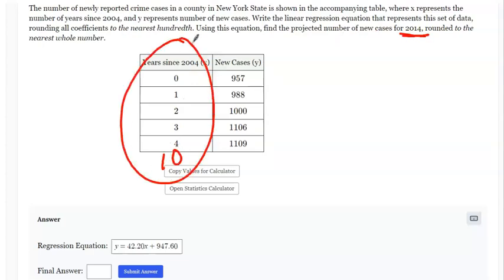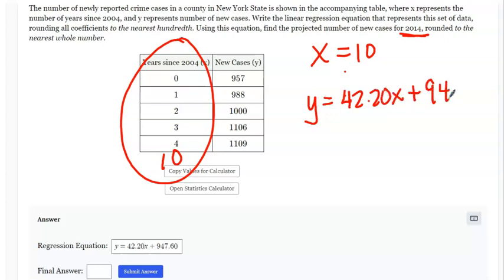So I want an x value of 10. So here's my prediction equation. And I'm going to erase and replace my x value with a 10. And now all I need to do is pick up my calculator to compute.